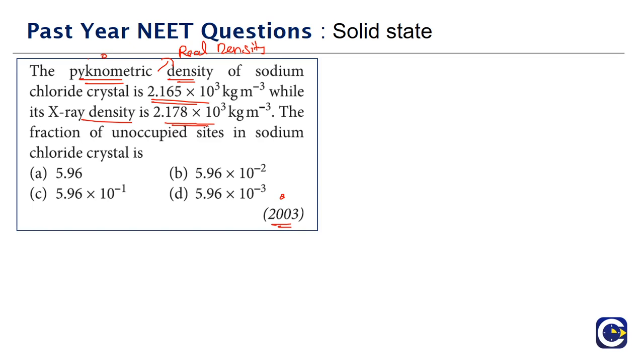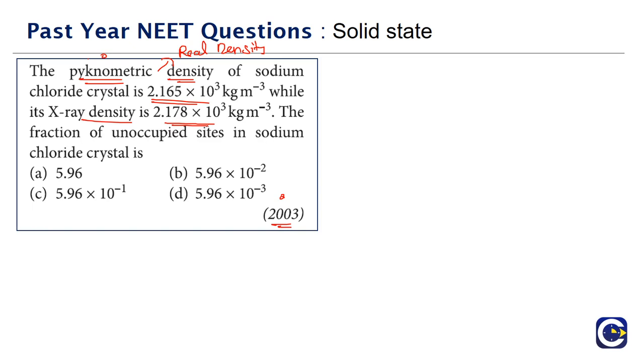That way the X-ray method is not calculating the volume occupied by the vacant sites or the unoccupied sites. So as a result, there will be a difference between the pycnometric density and the X-ray density, because the X-ray density will not take into consideration the volume of the unoccupied sites. As a result of it, we will see that the densities will be different.